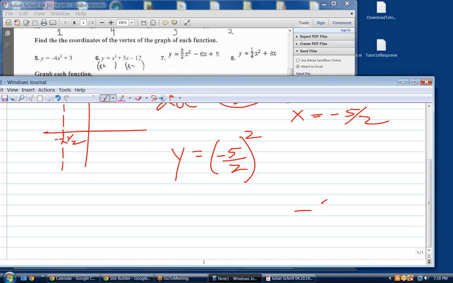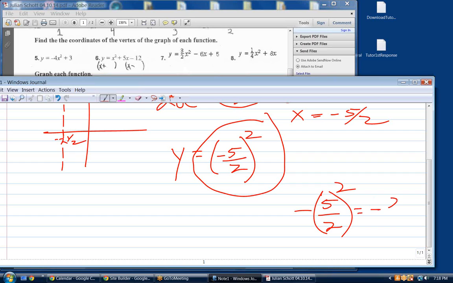Because this is not the same as that. When I square this, I'm squaring the 5 and I'm squaring the 2, but I'm not squaring the negative sign. So this thing here is going to be equal to minus 25/4. Up here, when I square it, the negative times a negative becomes positive. So this whole thing is positive 25/4. That's why these parentheses are so important.